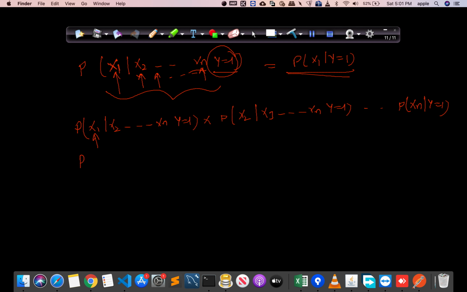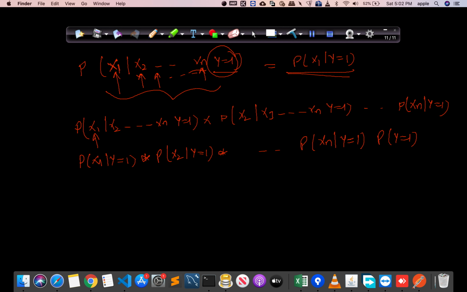So now we can simply write probability of x1 given y equals to 1 multiplied by probability of x2 given y equals to 1, and we can go until probability of xn given y equals to 1, and at last probability of y equals to 1. This is our whole formula.